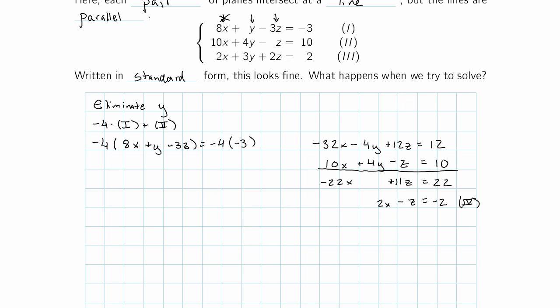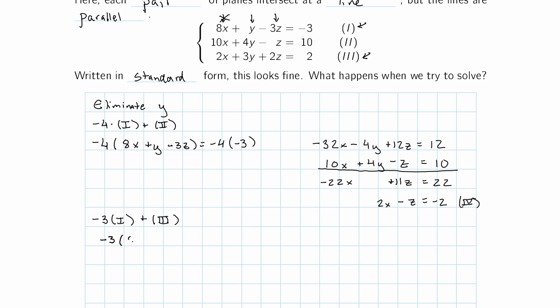Okay, so I eliminated y once. Now I want to eliminate y again. This time I'll involve equation 3, and I think I'll keep using equation 1. I think if I multiply equation 1 by a negative 3, that's going to work for me. So I'll take negative 3 times equation 1 plus equation 3. So let's see.